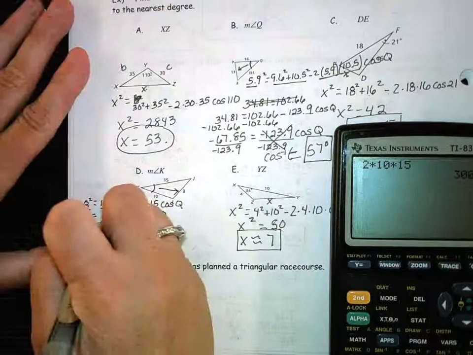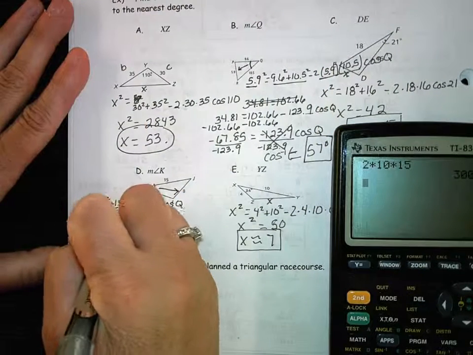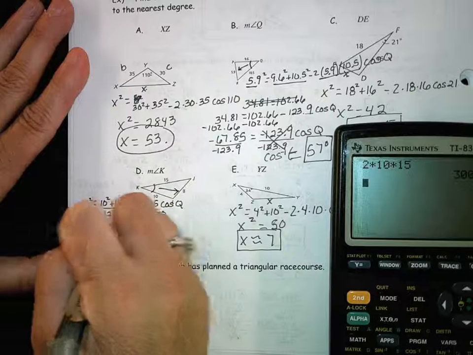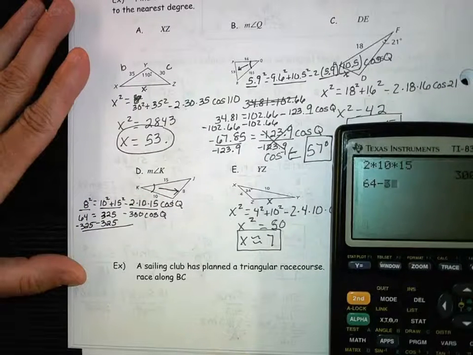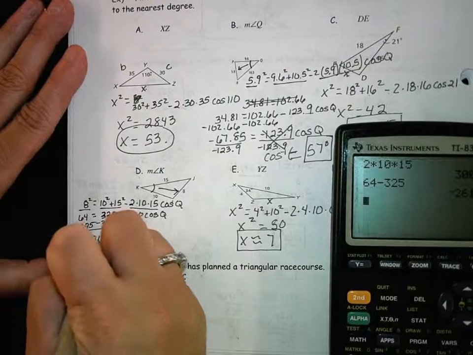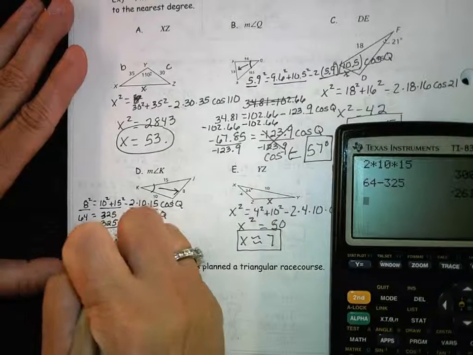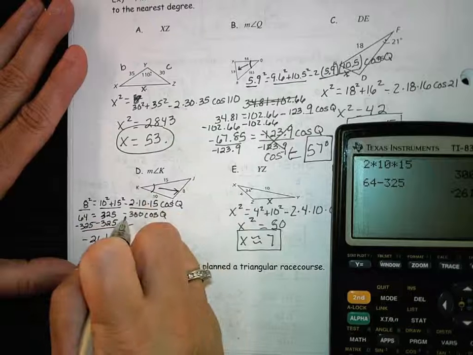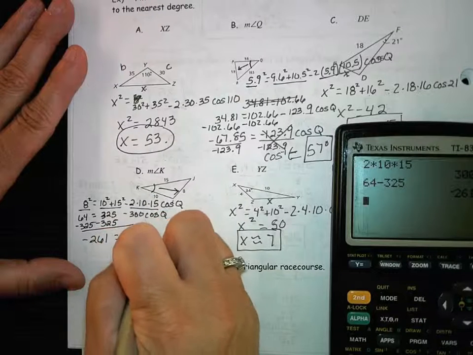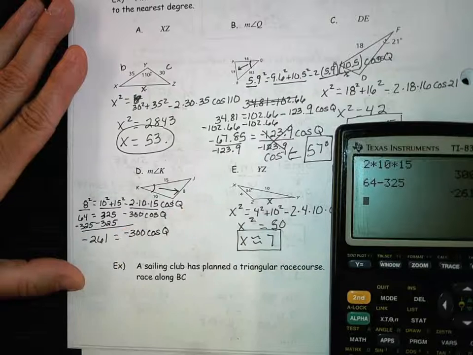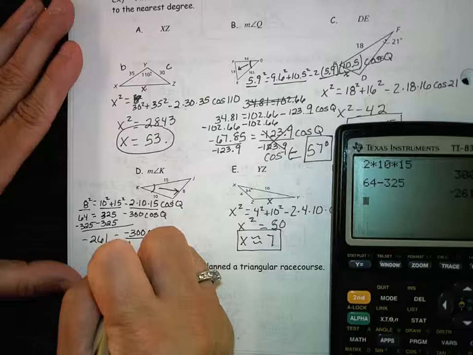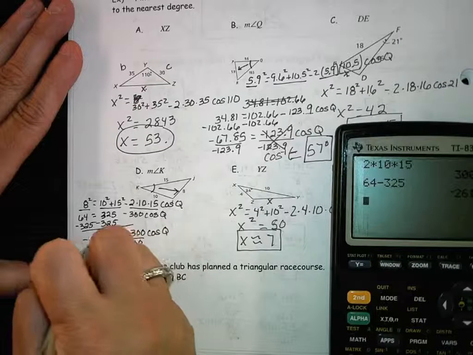We need to subtract 325 from both sides. 64 subtract 325 is negative 261. Carefully your negative signs. That equals negative 300 times the cosine of q, and then dividing both sides by negative 300.